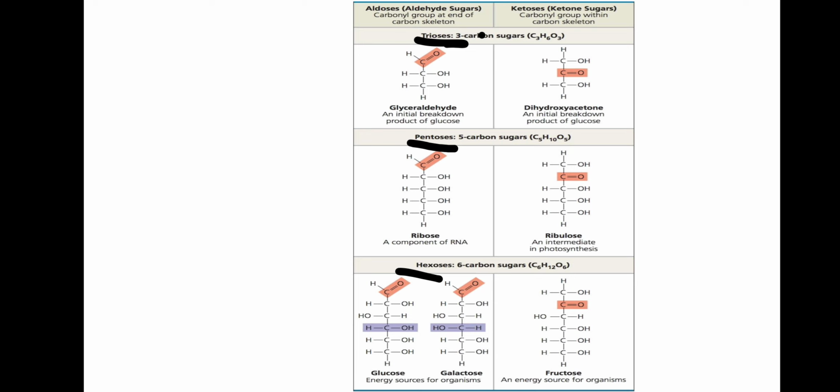Under 3 we have glyceraldehyde, and then we also have dihydroxyacetone. Know the examples. So where are glyceraldehyde and dihydroxyacetone coming from?